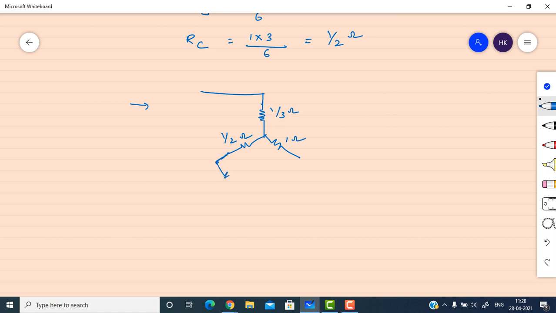And to this one more resistor is connected in our problem. What is the value of this resistor? This is 5 ohm and this is 4 ohm. Just in place of delta, I draw the star network and I assign the values what we got here.